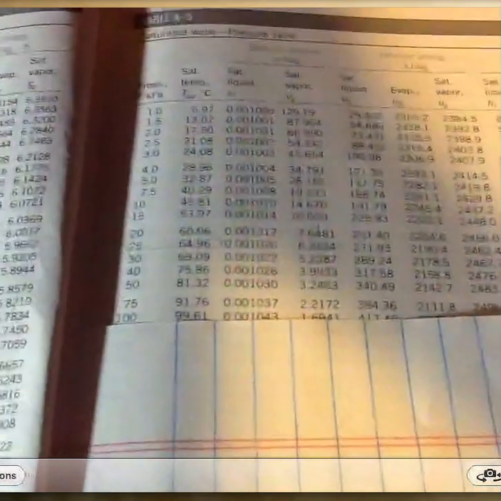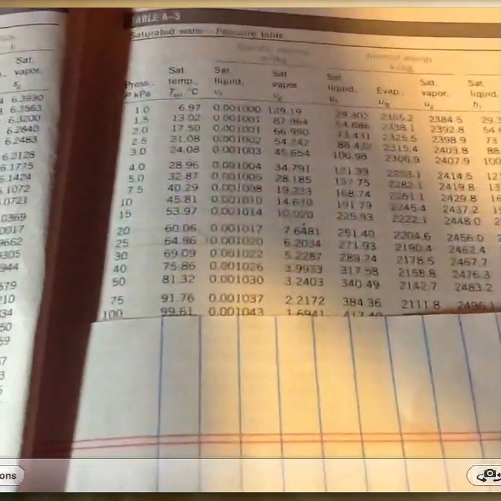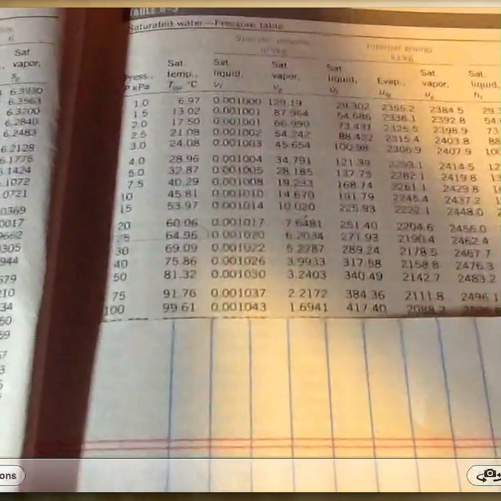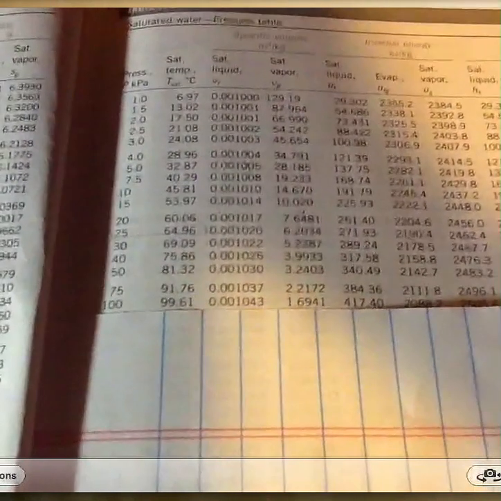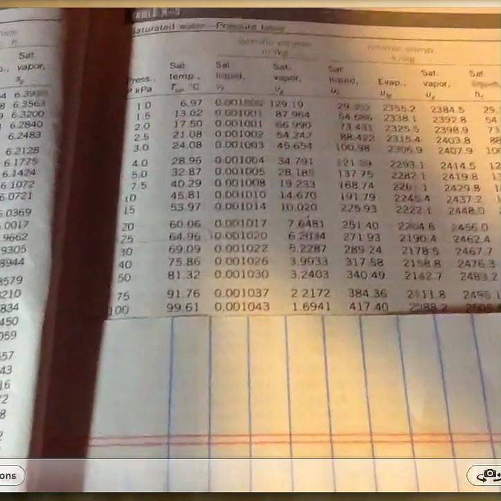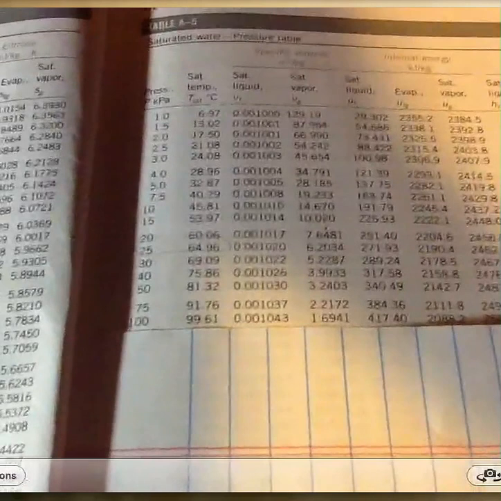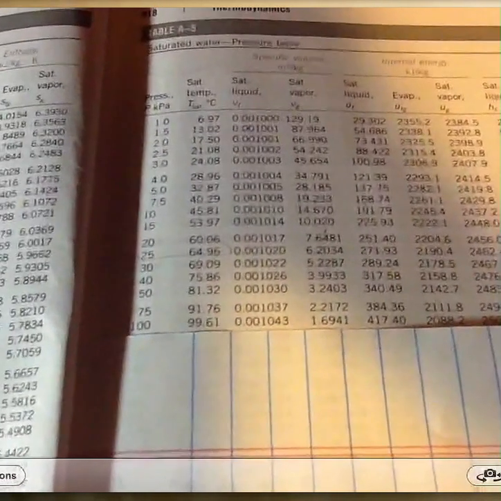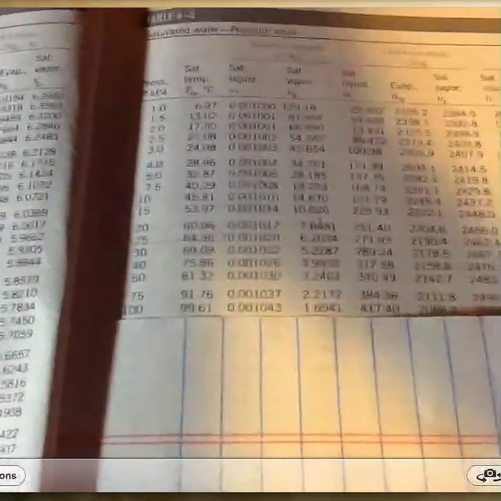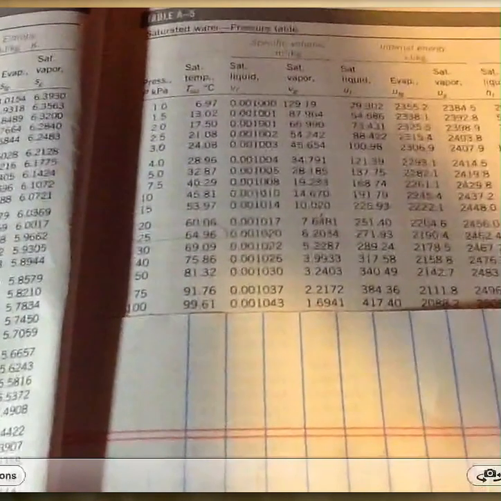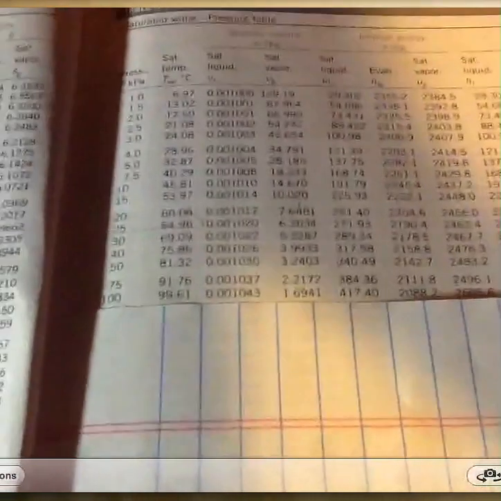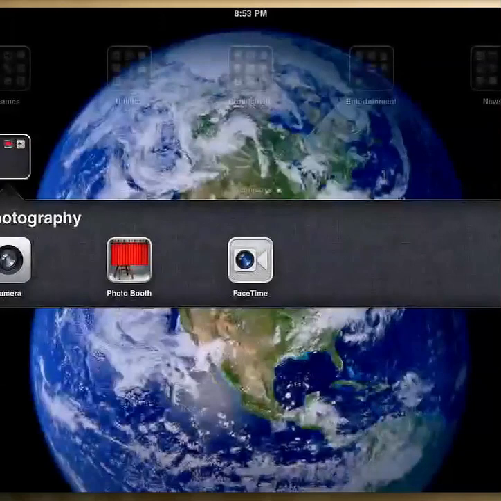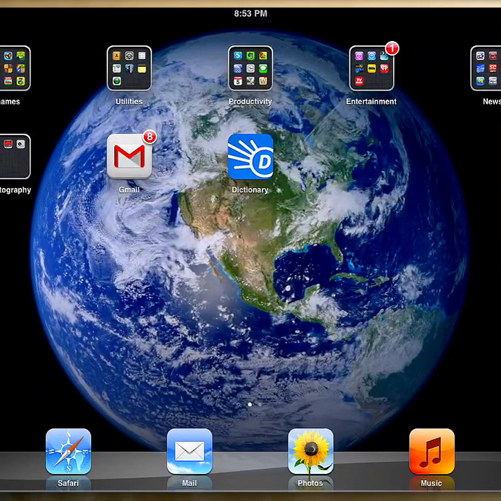When we scroll down in table A5, if you look at the piece of paper there, at 100 kPa, notice that the data to the right of the 100 kPa is the saturation temperature. That's the temperature of the water when it's saturated at a pressure of 100 kPa. And so, of course, that's equal to 99.61 degrees C, which is what we've determined our exit temperature to be. Okay, very good. So that answers that part of the question.